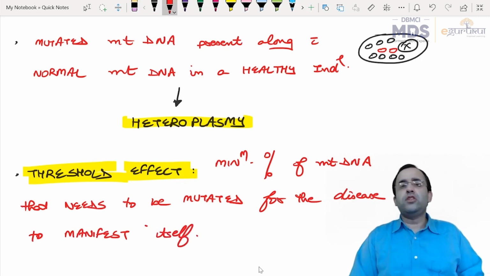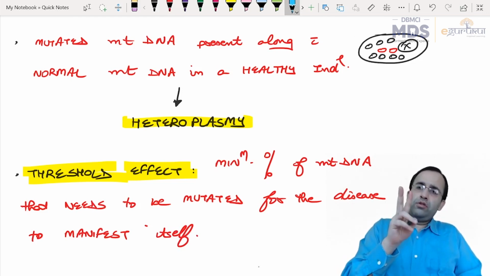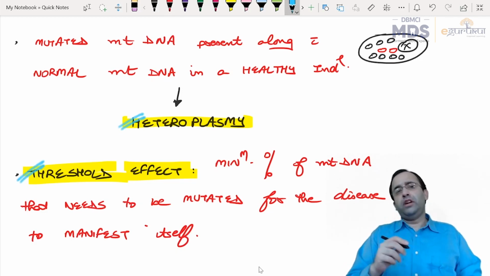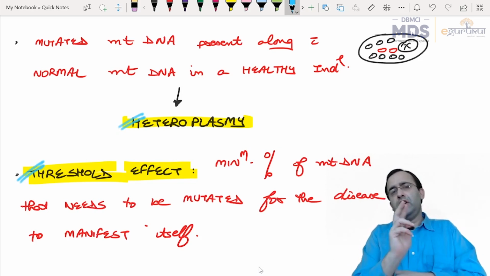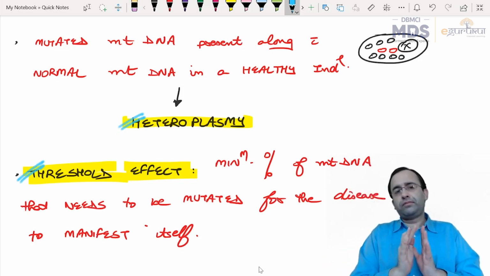That is called the threshold effect. So mitochondrial inheritance follows two principles, heteroplasmy and threshold effect. It was maternal in inheritance, everyone already knew that.